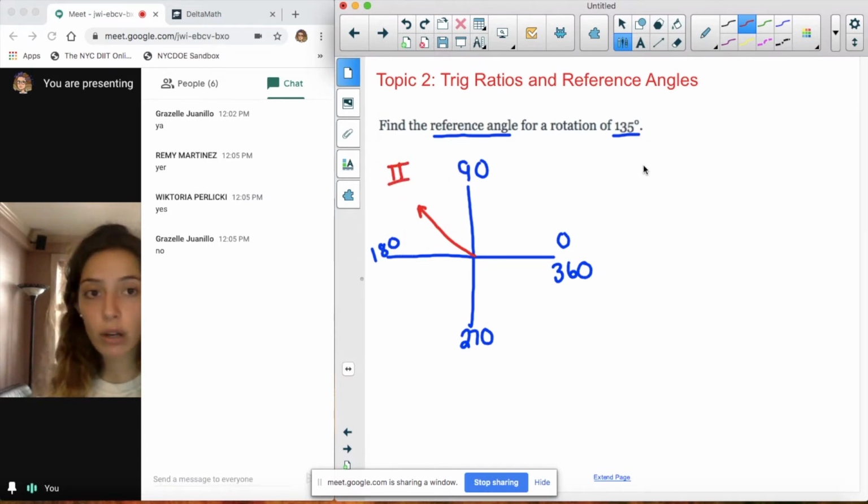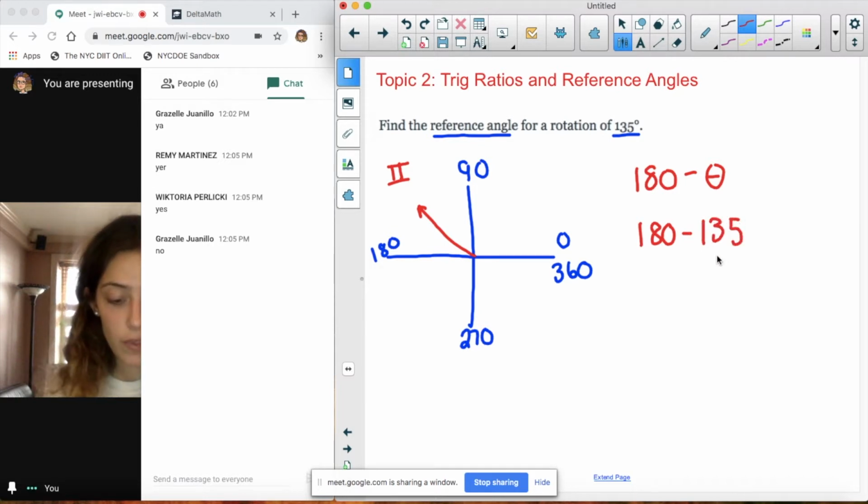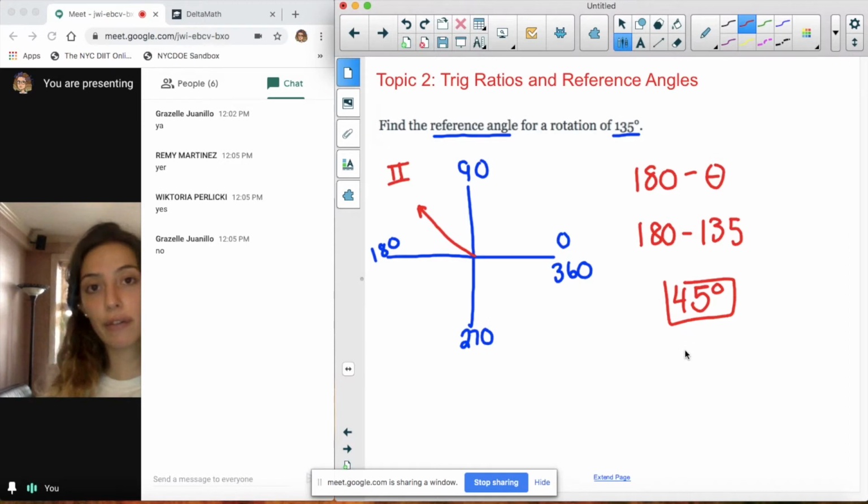So the rule for quadrant 2 to find the reference angle was 180 minus theta, where theta is your angle. So you have to do 180 minus 135, and 180 minus 135 is 45 degrees. So that right there would be our reference angle.